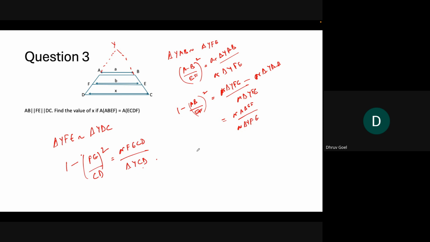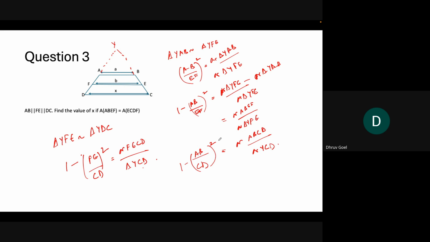If I take that, I'll get a similar concept: 1 minus AB by CD whole square should be equal to the area of ABCD upon the area of YCD. I hope this is clear to everyone.